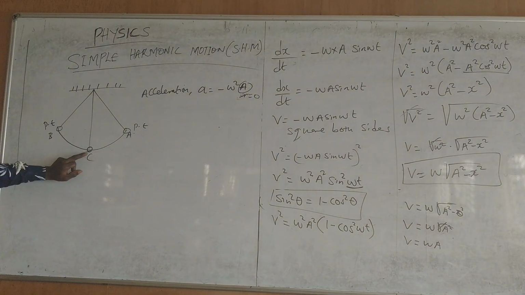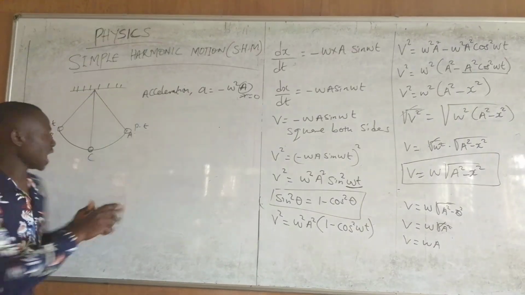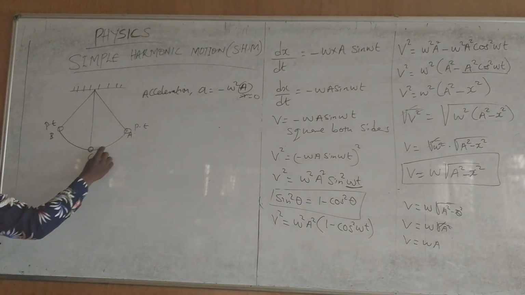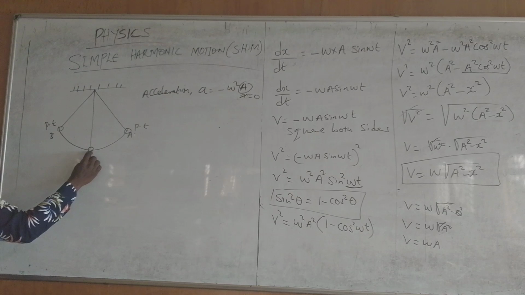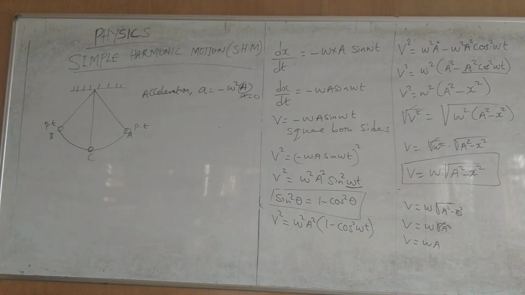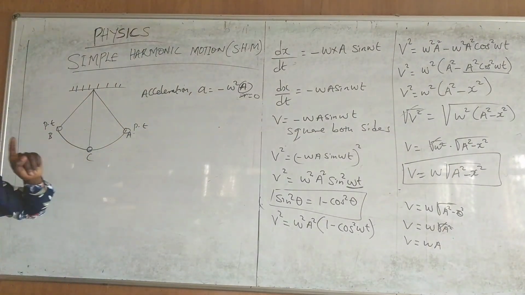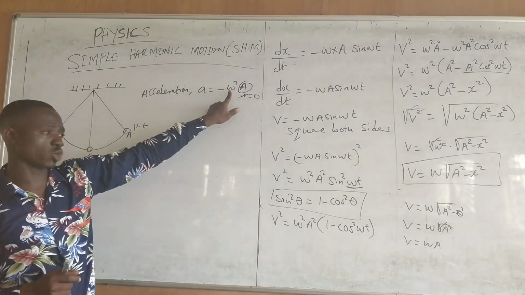So at the center here, acceleration is 0, when there's no displacement. But when we have maximum displacement, acceleration becomes maximum. Meaning acceleration reduces as you go towards the center, and as you move away from the center, acceleration is going to increase as our displacement increases. The acceleration becomes maximum when we have maximum displacement.